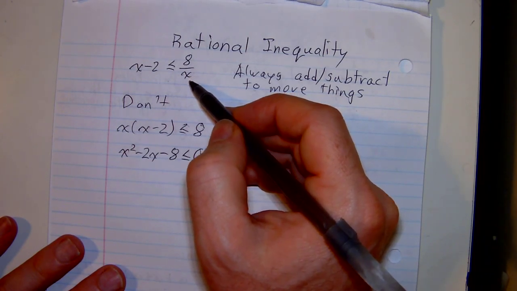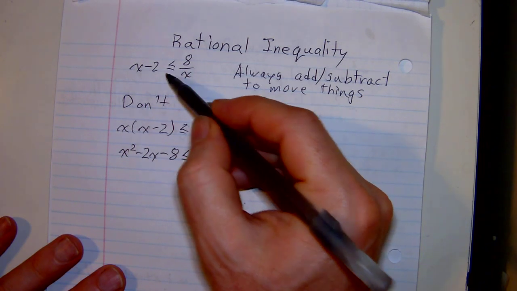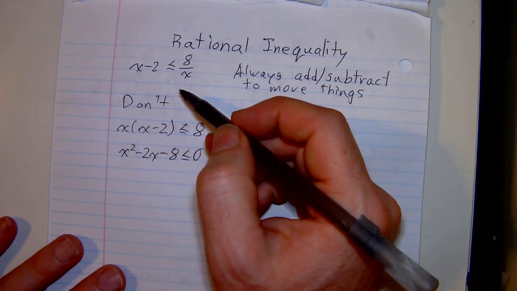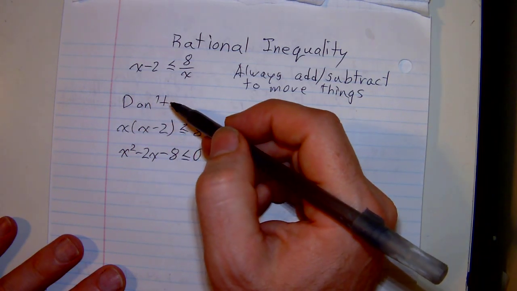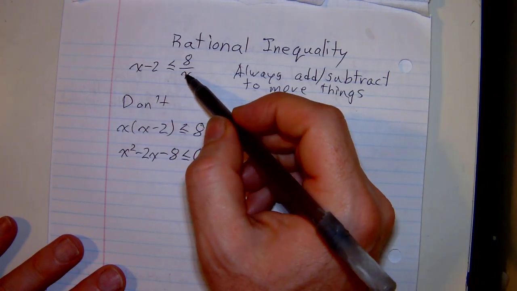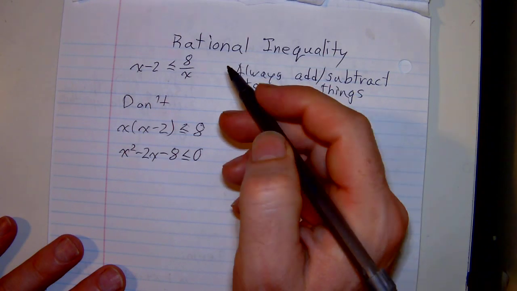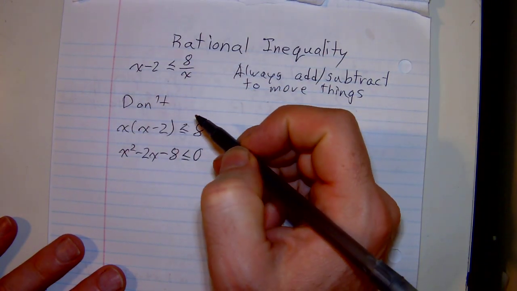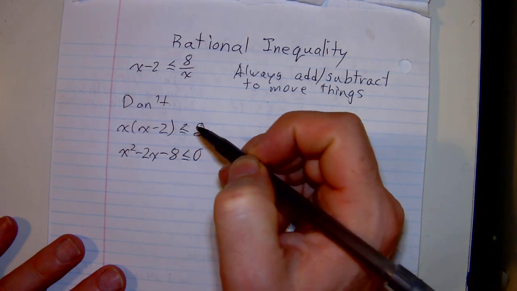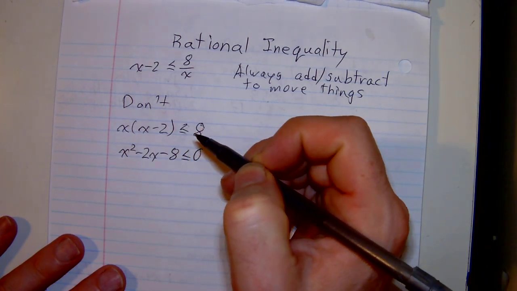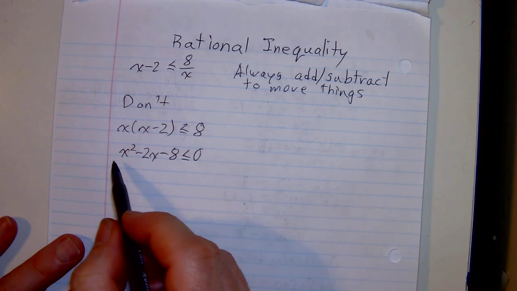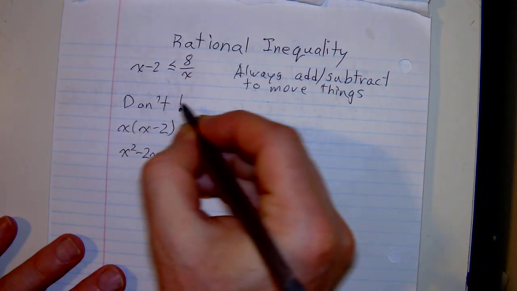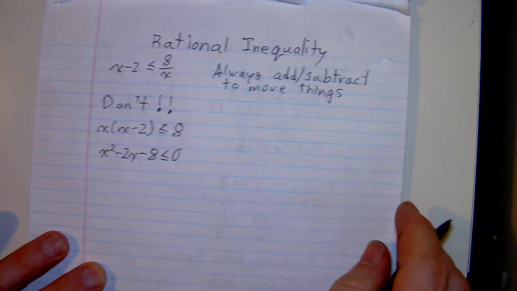It can be both, right? Over the domain of most rational functions, x is going to be positive in some places and negative in others. So when we multiply both sides by x, we both need to change the sign and not change the sign at the same time. And we can't do that. So this leads us down a tricky direction. So please don't do it. This is not what we want to do.